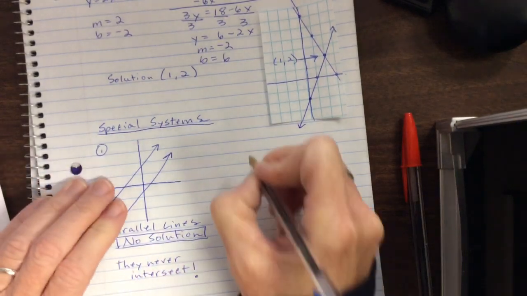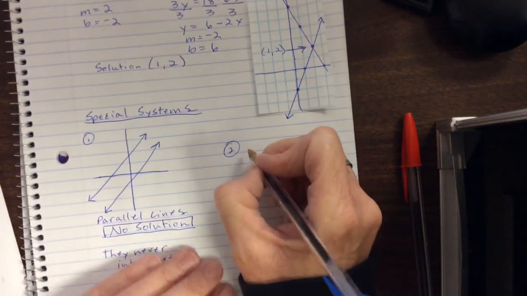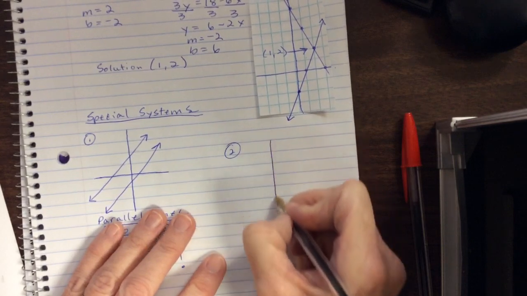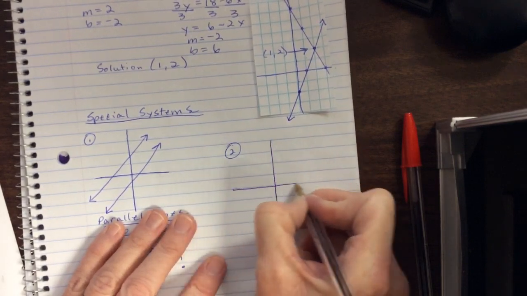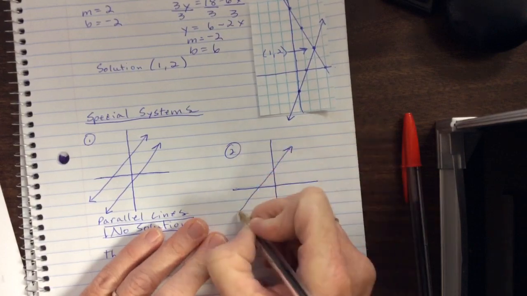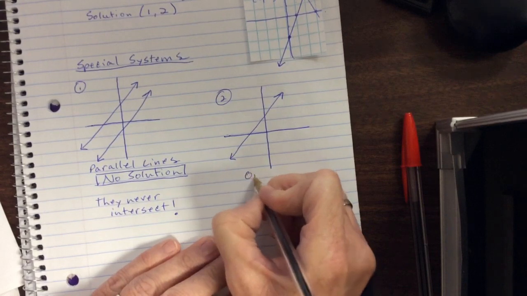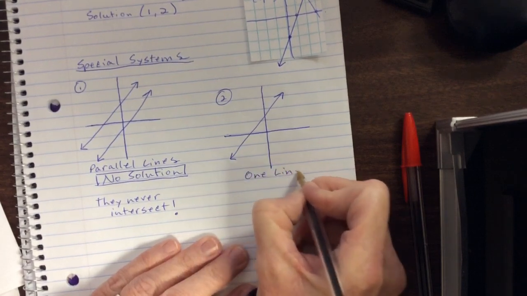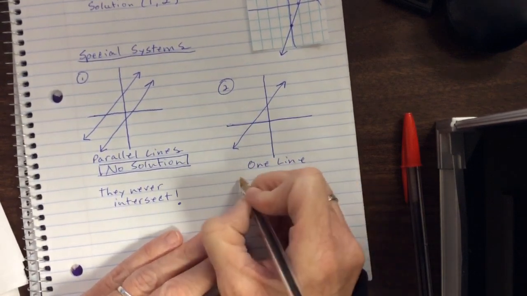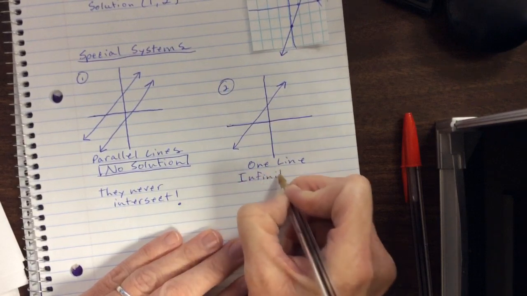Okay, in the second one, if you graph the system of equations and you get just one line, like this, that means it has infinite solutions.